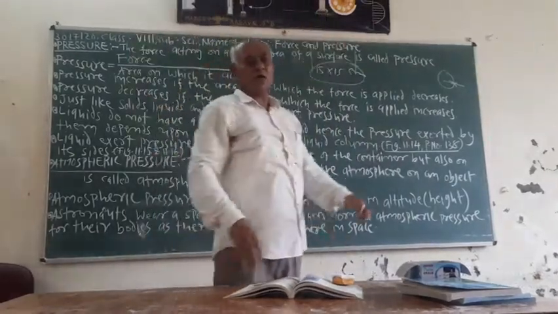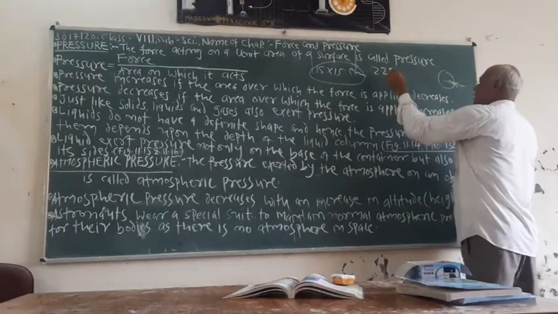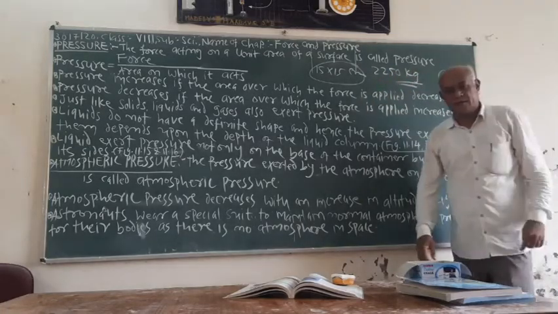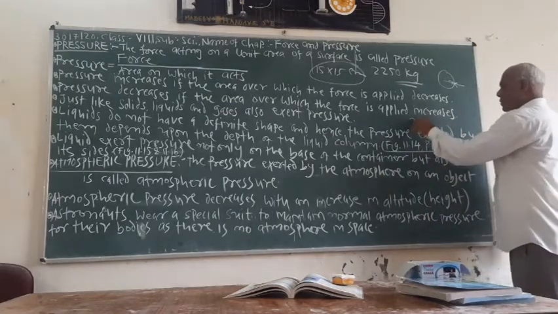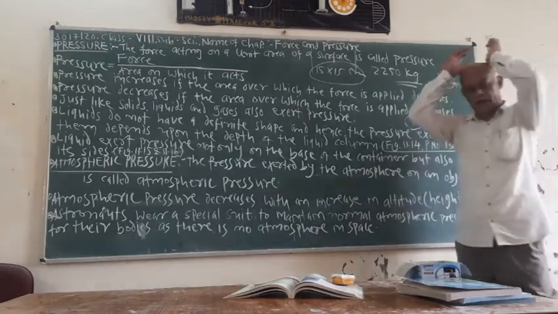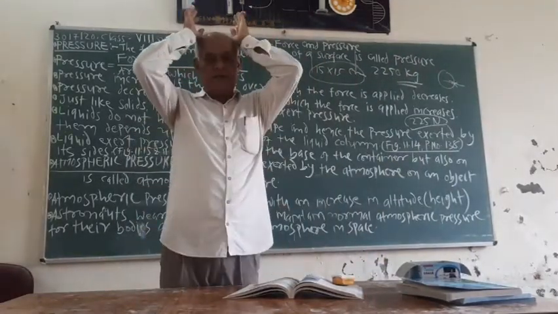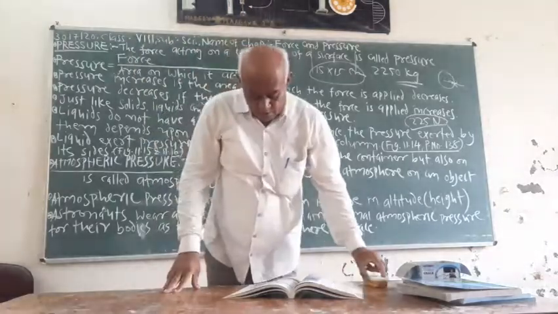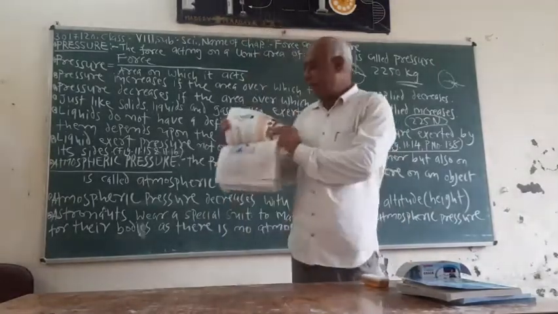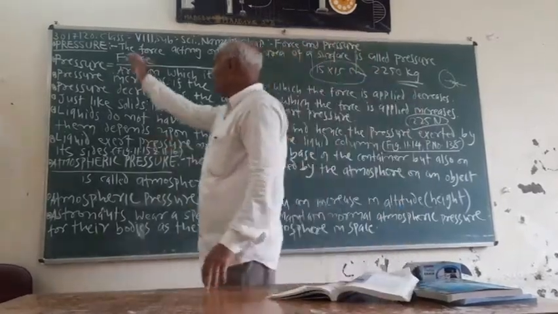This air column exerts a pressure of about 2250 kilojoule of atmospheric pressure, which is equal to 225 Newton exerted on our head of approximate area 15 centimeters by 15 centimeters, which is given on page number 141, figure 11.19. So this is the atmospheric pressure.